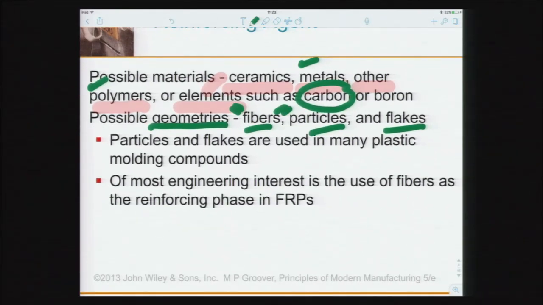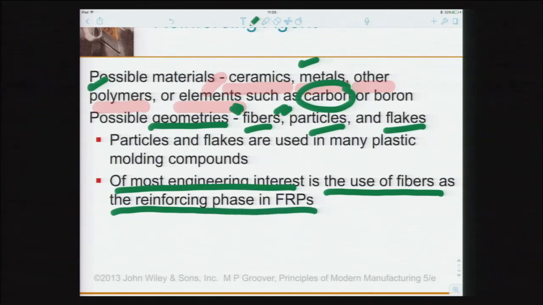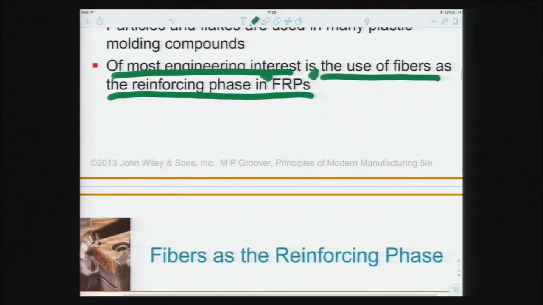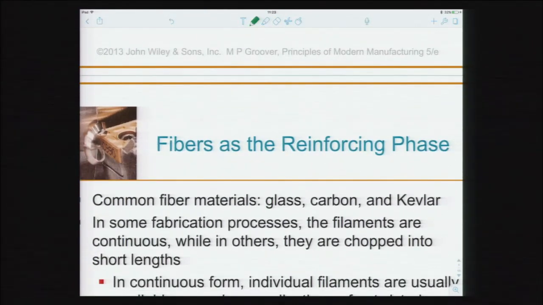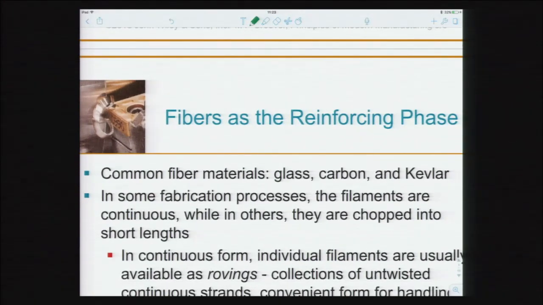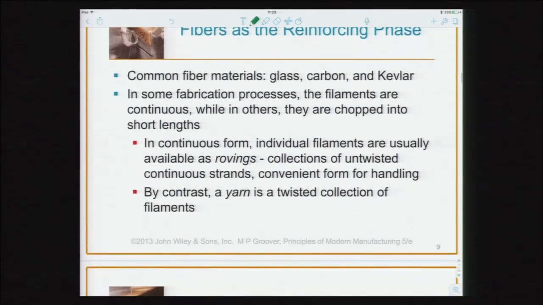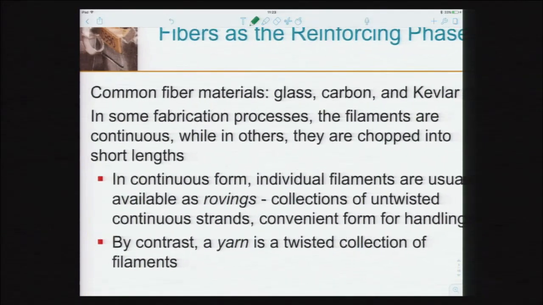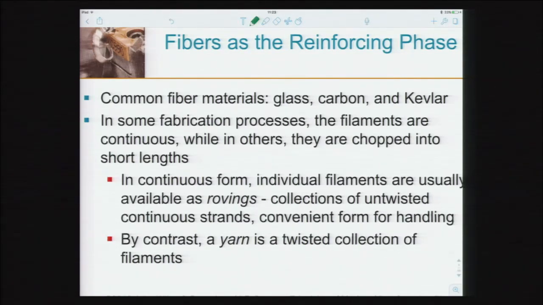Alright, so in the last bullet here, of most enduring interest is the use of fibers as the reinforcing phase in FRP. That's why we focus on FRP rather than particles and flakes. Because we use lots of fibers as the reinforcing phase, the next slide explains in detail about the fiber reinforcing phase.